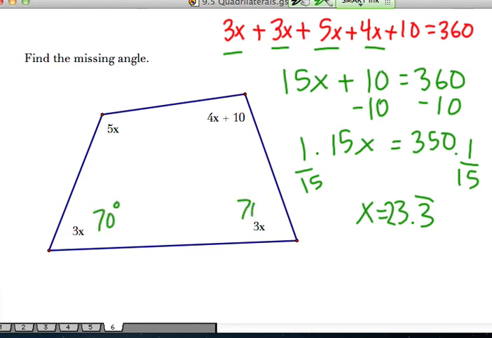So these are both 70. 23.3 times 5 is about 116.5 degrees. And then finally, 23.3 times 4 is 93-ish. If I add 10, I get about 103. I'll make it 103.5 so that it adds up nicely to 360. Okay?